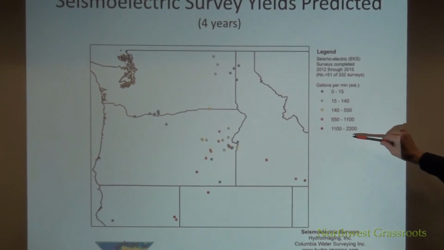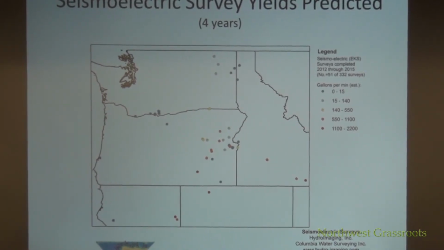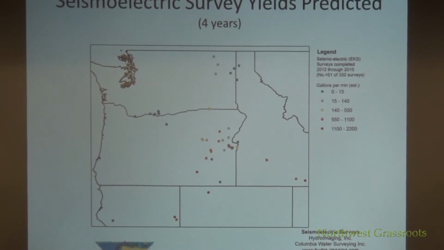The best one is over 2,200, and he said that one of those estimates of 2,200 actually came in at 3,000 gallons per minute in an irrigation well. So, I don't have a lot of data confirming the readings he took with the actual well drill later on. So I really can't comment on that, except for that one example. Question. And yes, you can estimate the amount of gallons in the aquifer.